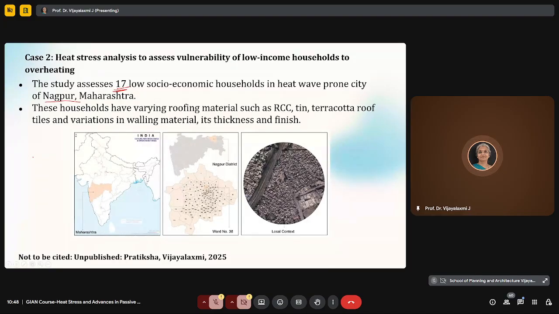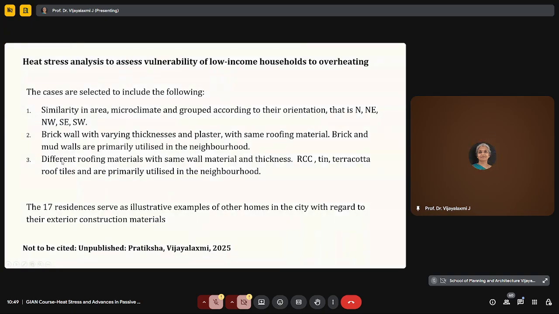So we collected data from 17 houses, but the comparison is only apple to apple, with respect to houses of the same orientation, because we cannot get the same combination of say 12 roofing materials all oriented in the same direction. We cannot get that. So this is work in progress, but for whatever it's worth, I thought I would share with you what I have done.